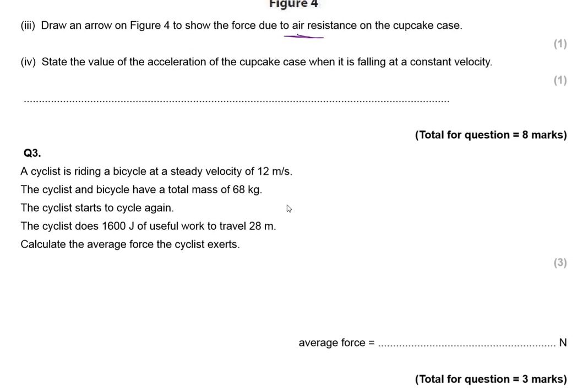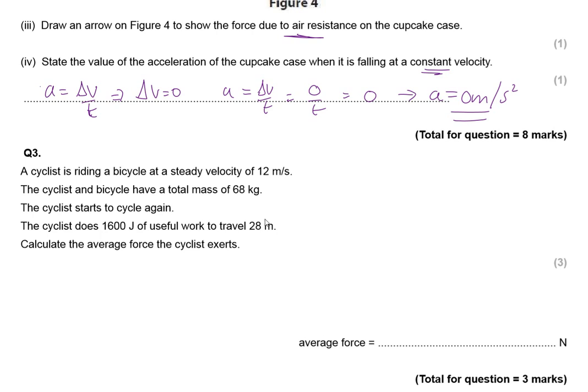Remember, acceleration is change in velocity over time. Since the velocity is constant, the change in velocity is zero. Zero over time is zero, so therefore acceleration is 0 meters per second squared. That is why it is 0. If you got this wrong, now you know why.